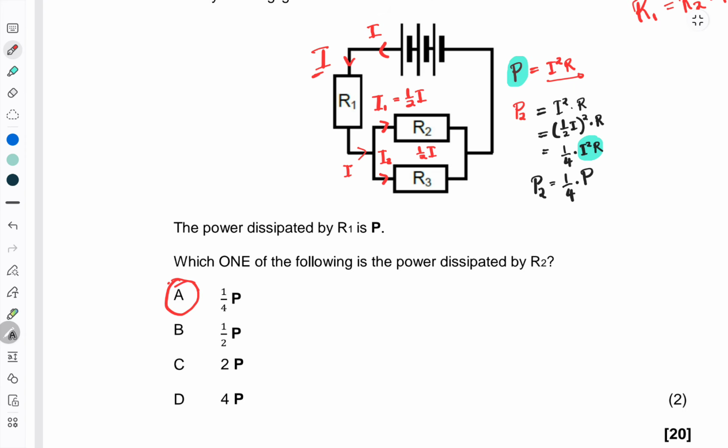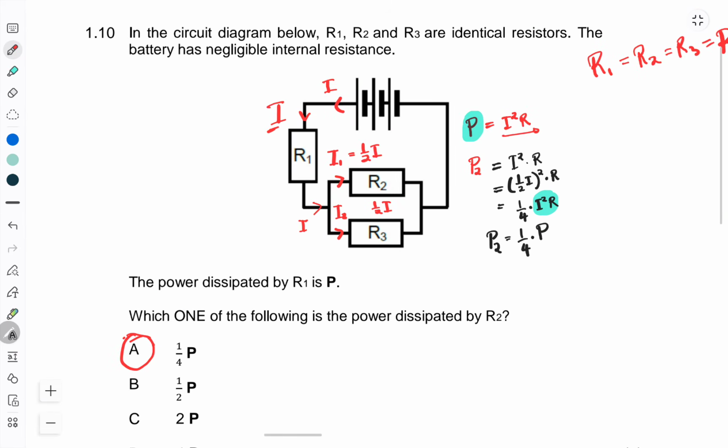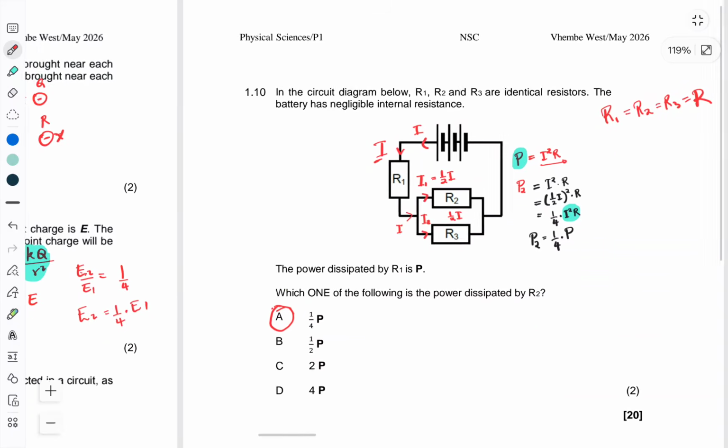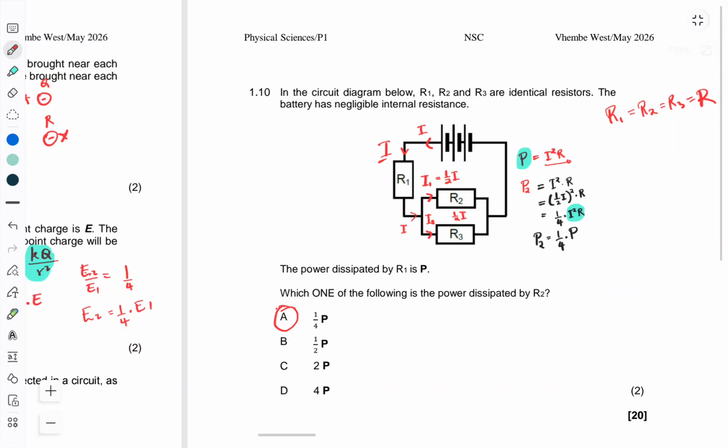Okay, so that's how you handle questions like this one. You just need to know your basics. You must know that if I have identical resistors, and current is splitting between them, the current has to split equally, because the current splits according to the magnitude of the resistance in each resistor.